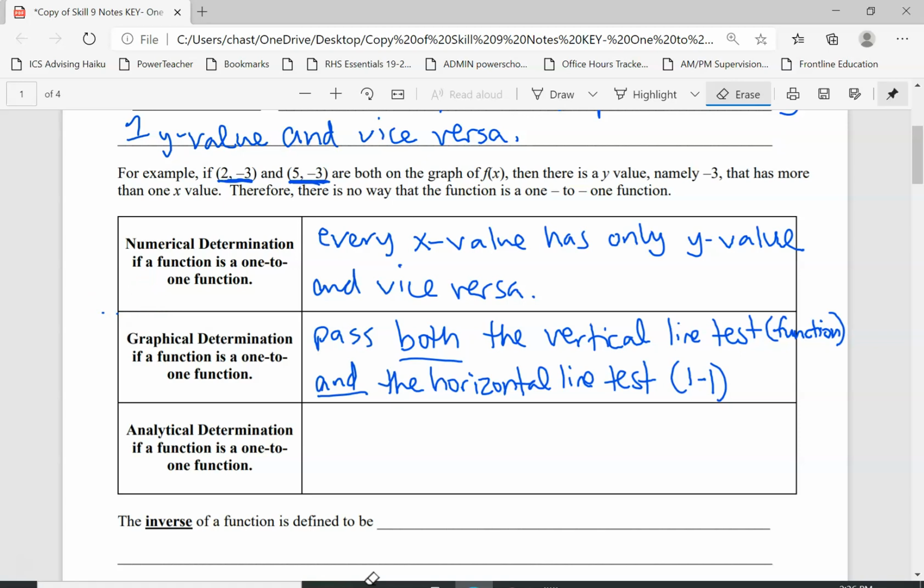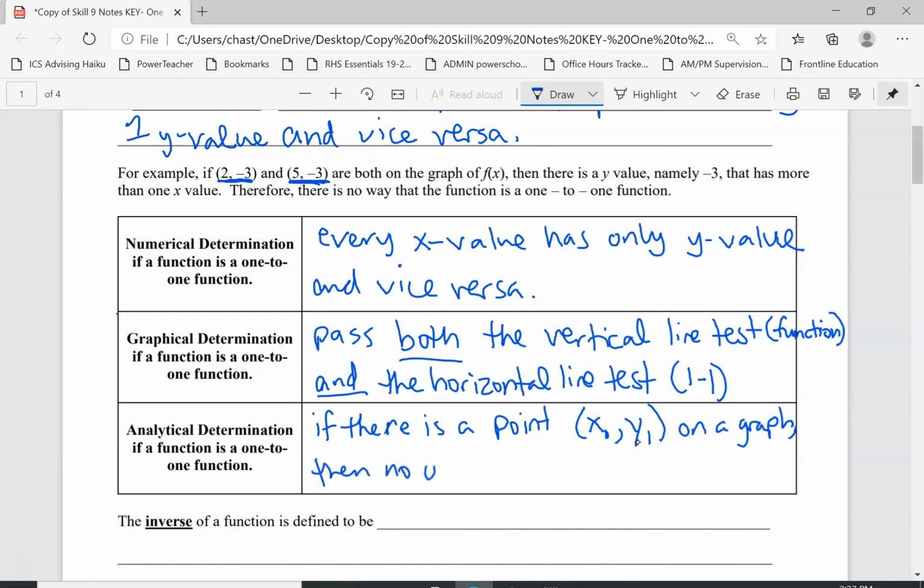And then, of course, an analytical way to do it. This one's going to be a little more abstract. If there is a point (x1, y1) on a graph, then no other point will be (x2, y1).